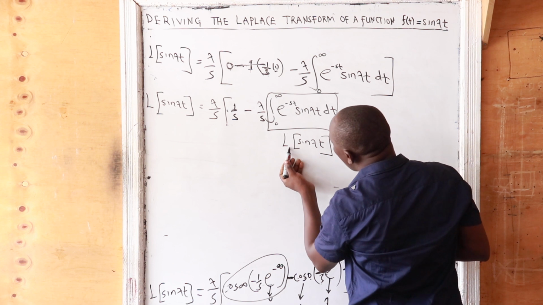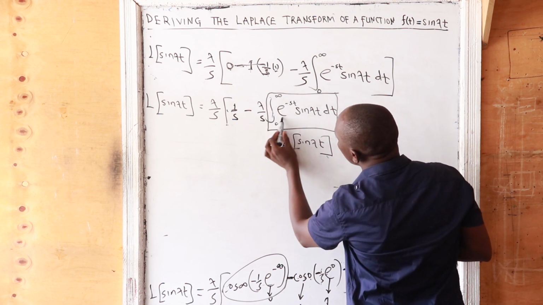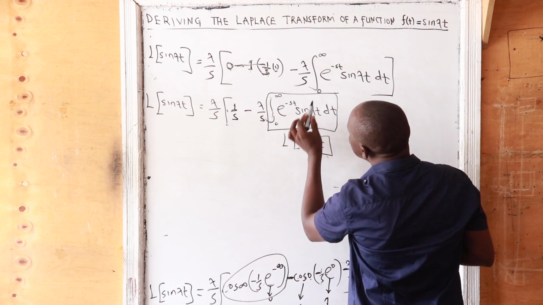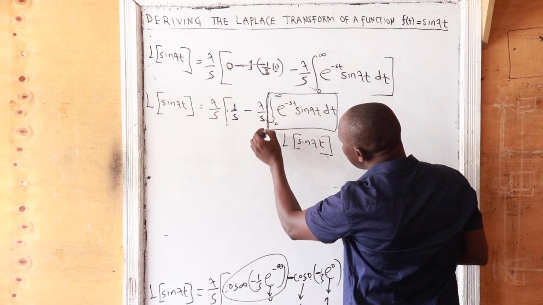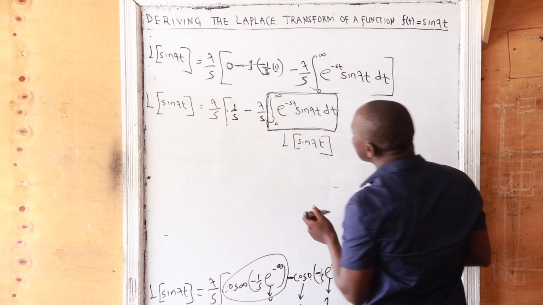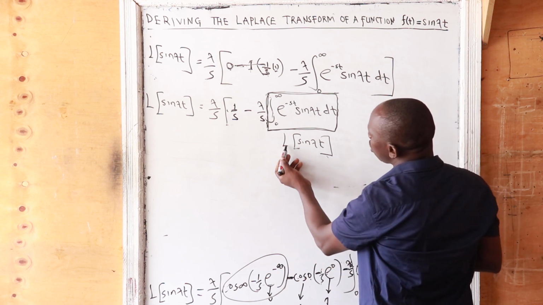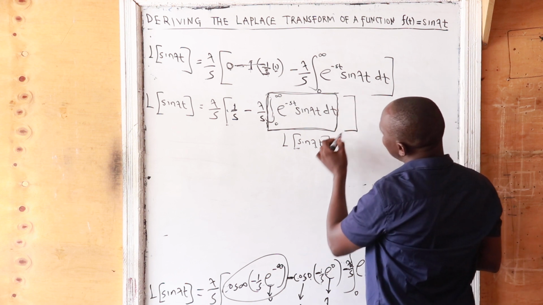The Laplace transform of sine lambda t is given by the integral from infinity to 0 of exponential minus st sine lambda t dt. So this, circled in a rectangle, defines the Laplace transform of sine lambda t. So this bracket is closed.